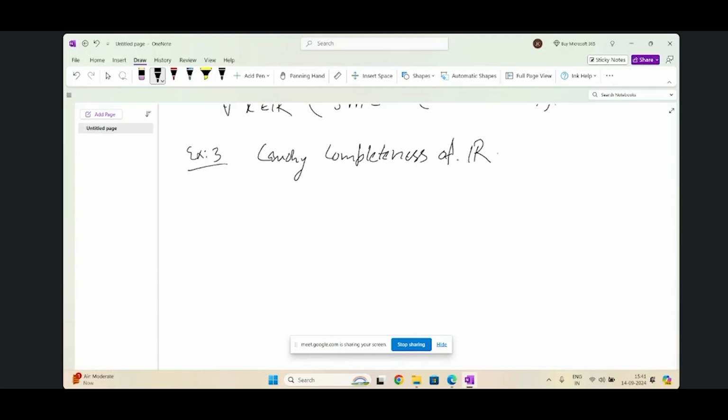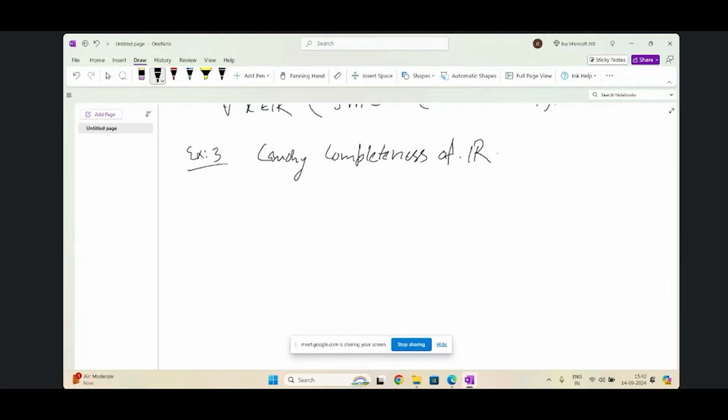What does it say? A sequence xn is said to be Cauchy if there exists n naught belonging to natural numbers such that given any a greater than or equal to n naught and b greater than or equal to n naught, mod xa minus xb is less than epsilon, given any epsilon.